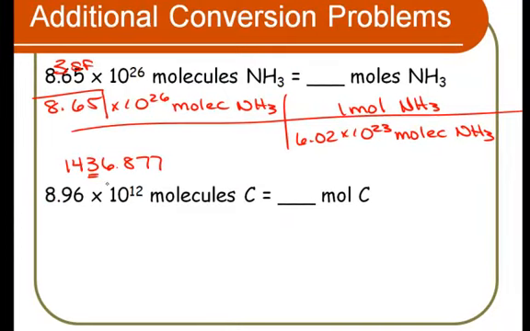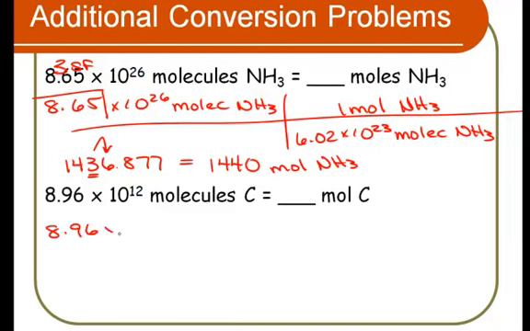Our third significant figure is the 3. So we look to the right, and the 6 tells the 3 to become a 4. So 1,436 rounds to 1,440. Again, notice, no decimal point. And our units left are moles of ammonia.